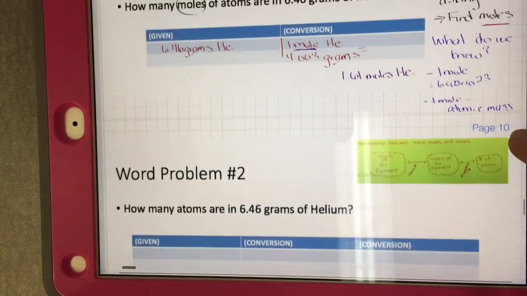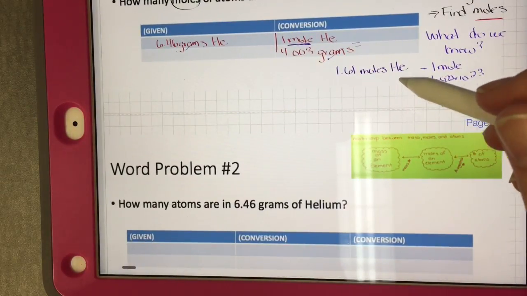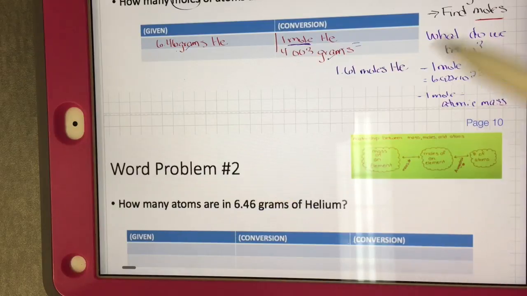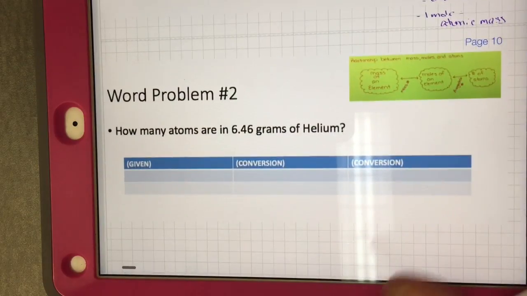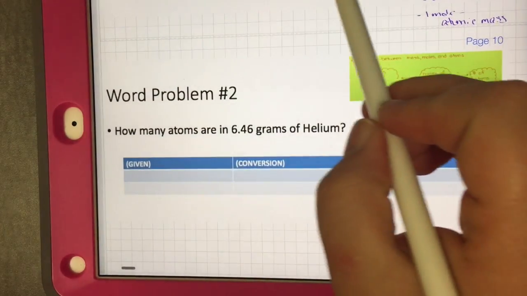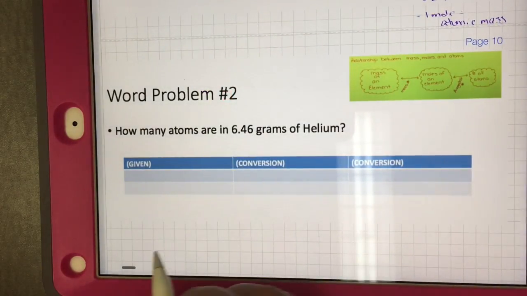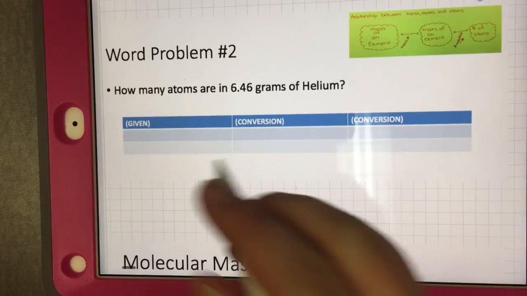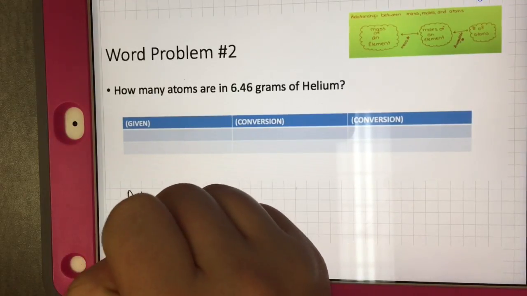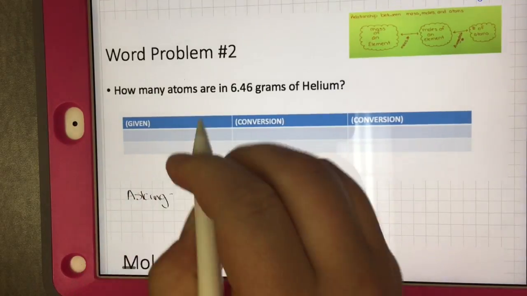We know the moles, 1.61 moles. Or we can start from the beginning with 6.46 grams. And so for starting, what are they asking for? They're asking for atoms.